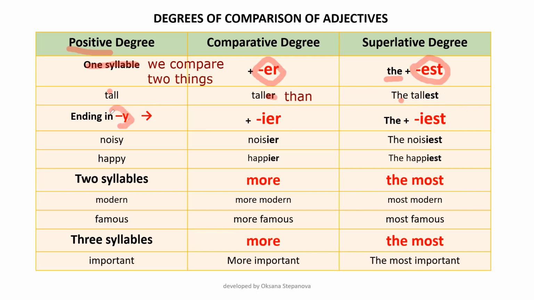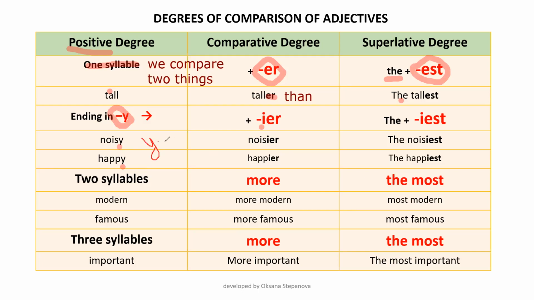Let's go to the suffix or ending y. When we have adjectives ending in y, normally we have two syllables. So we change y to i. In other words, there is no more y.